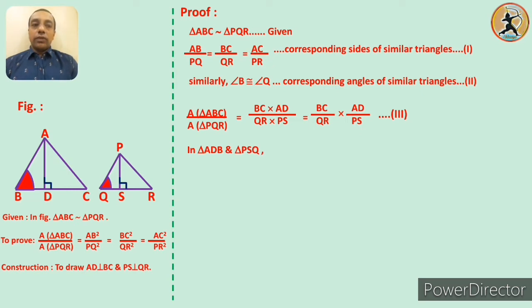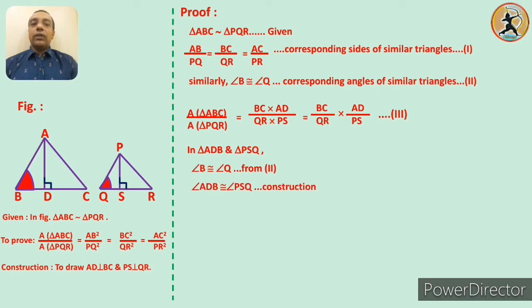So from the second statement, we have already proved that angle B is congruent to angle Q. So here we can write down the first statement, angle B is congruent to angle Q from 2. And of course, as per our construction, AD is perpendicular to BC as well as PS is perpendicular to QR.